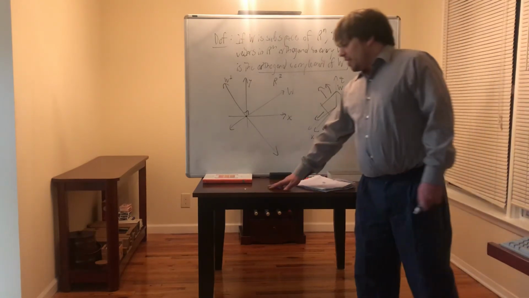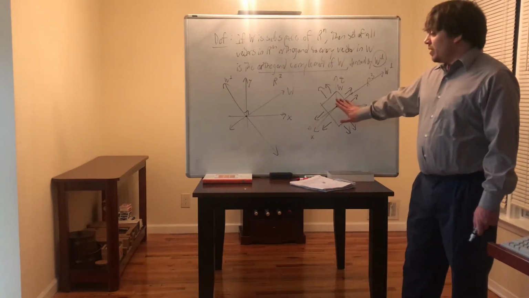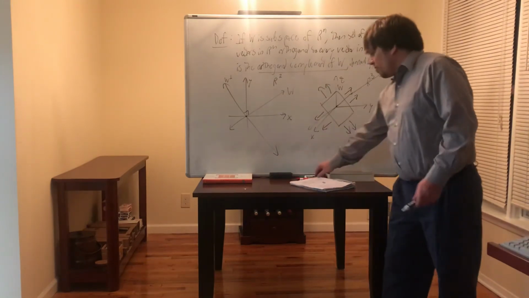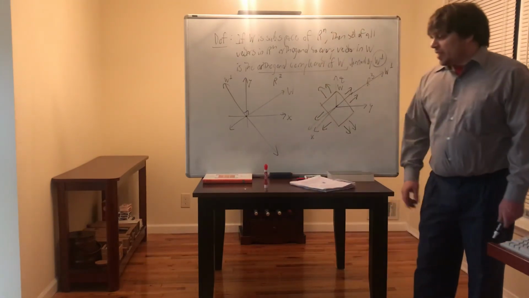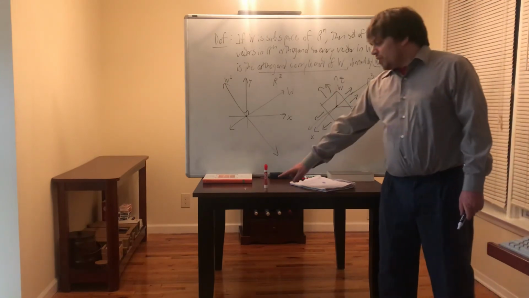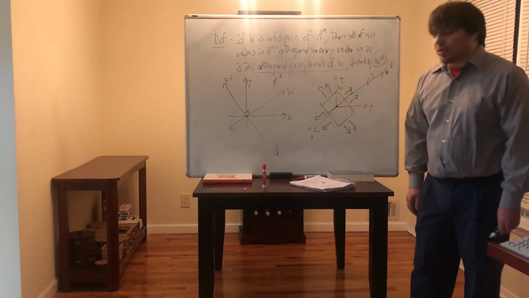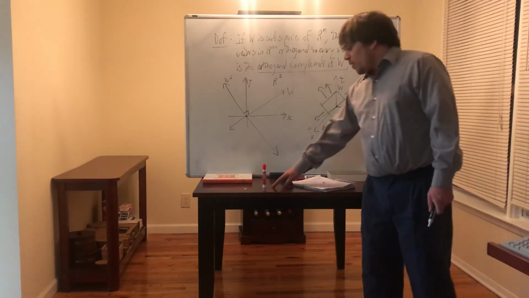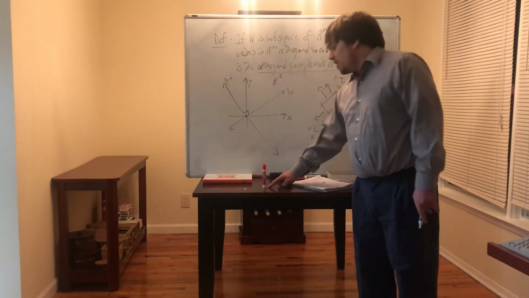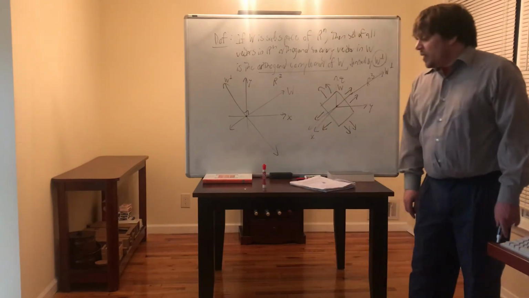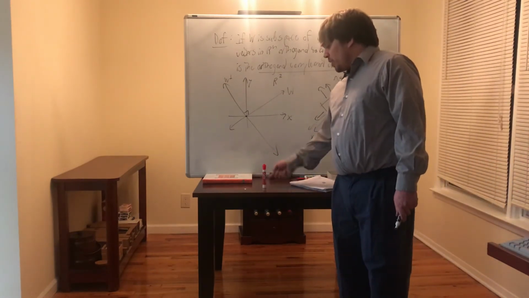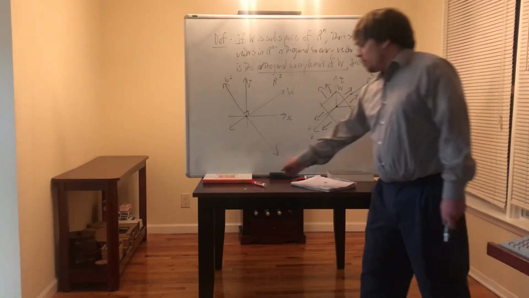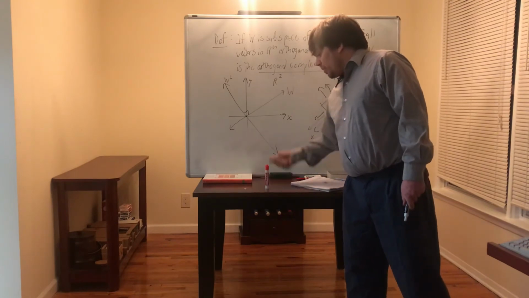For instance, if I thought of this table as that plane, but instead of slanted, it was just flat like this, and I thought of this marker sitting perpendicularly to the plane, you would intuitively say that this thing standing up was perpendicular to the surface of the table. And what that would mean is if I started with a vector at the bottom of this pen and drew a vector on the table, that vector would have to be perpendicular to this marker itself. 90-degree angle between this and that.